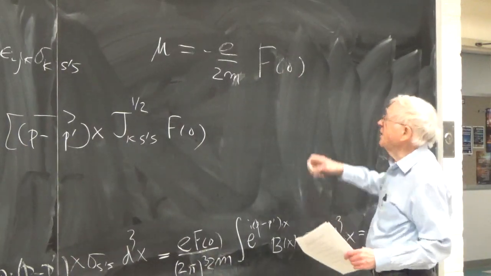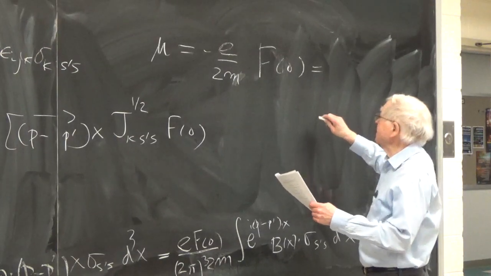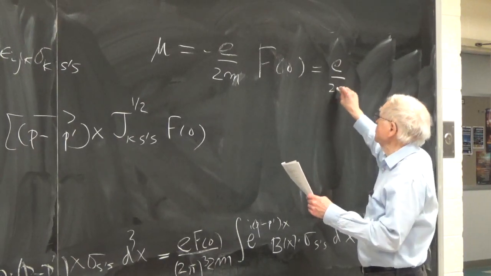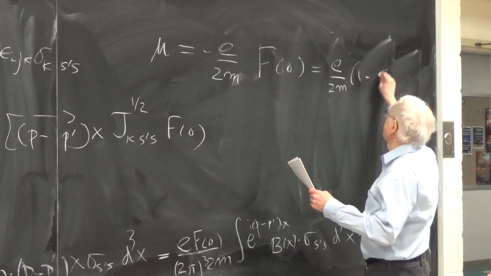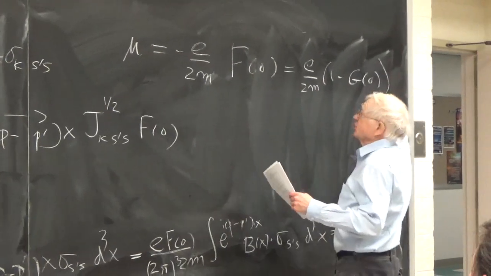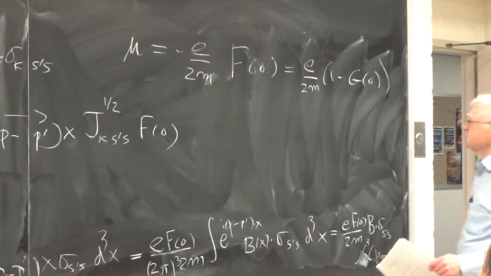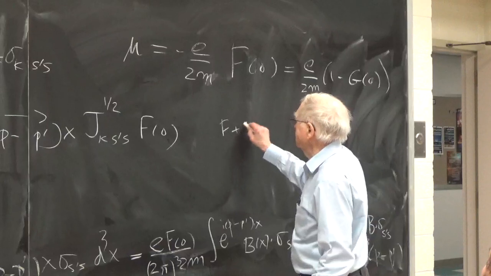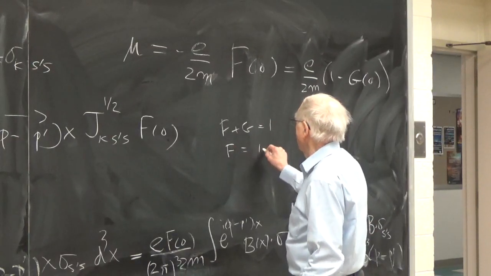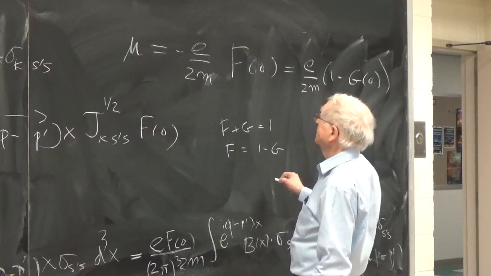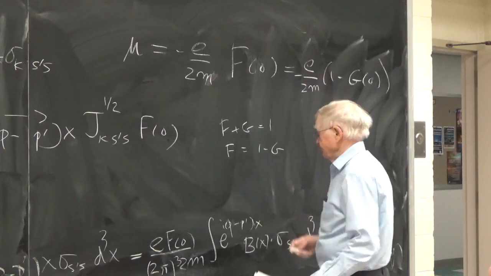And so another way of writing it is to say this is e over 2m, 1 minus g of 0. Do I have the signs right? Let's see. F plus g equals 1. So F is equal to 1 minus g. There's a minus sign here.